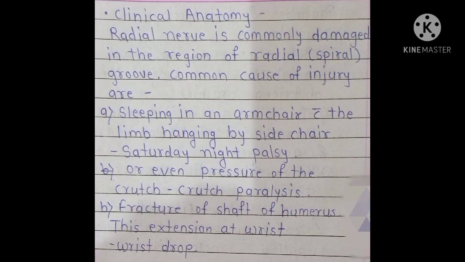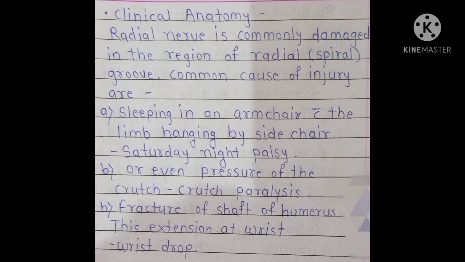the radial nerve is commonly damaged in the region of the radial or spiral groove. The common causes of injury are sleeping in an armchair with the limb hanging by the side of the chair, which is called Saturday night palsy, or even the pressure of a crutch, that is crutch paralysis.